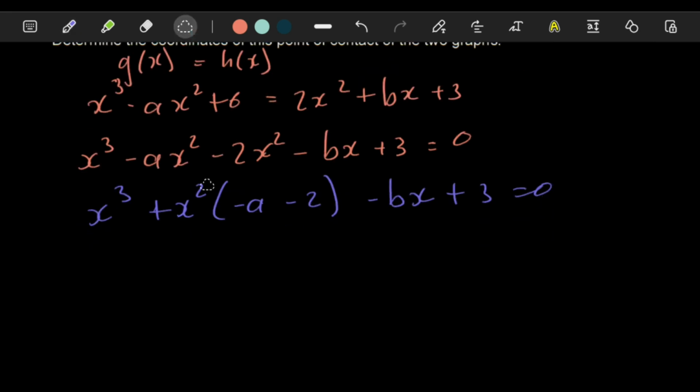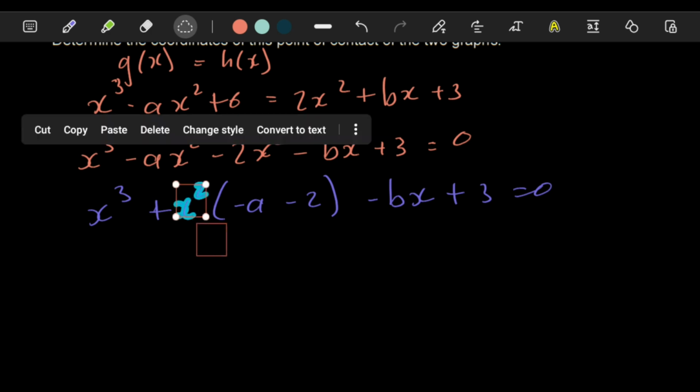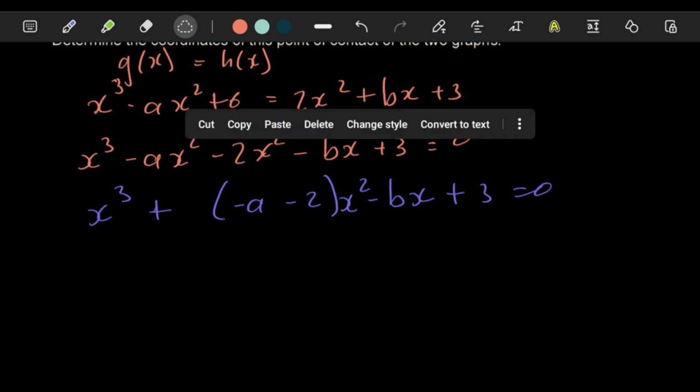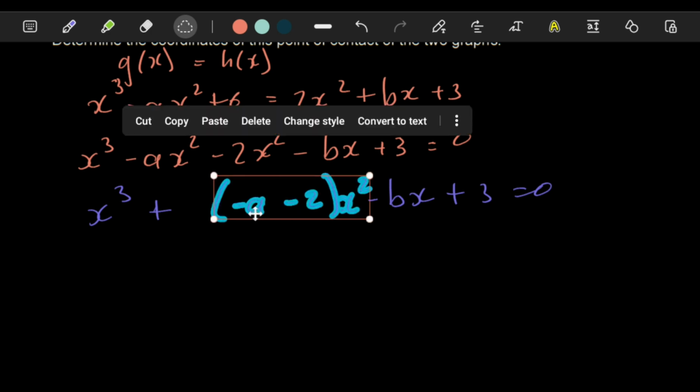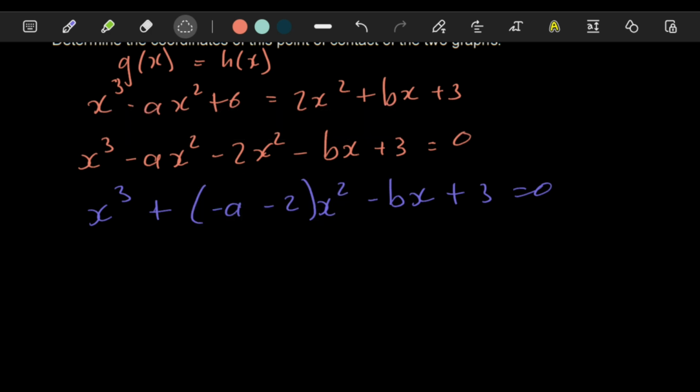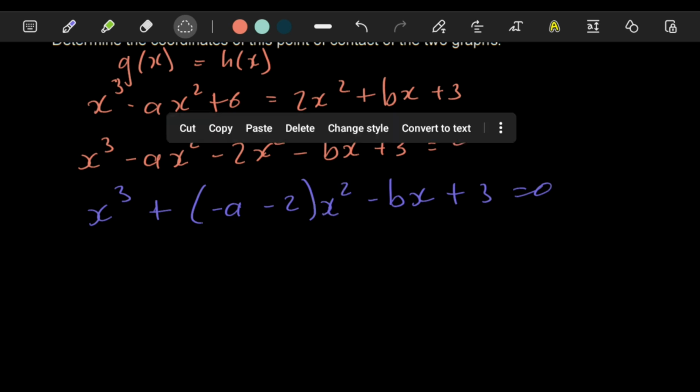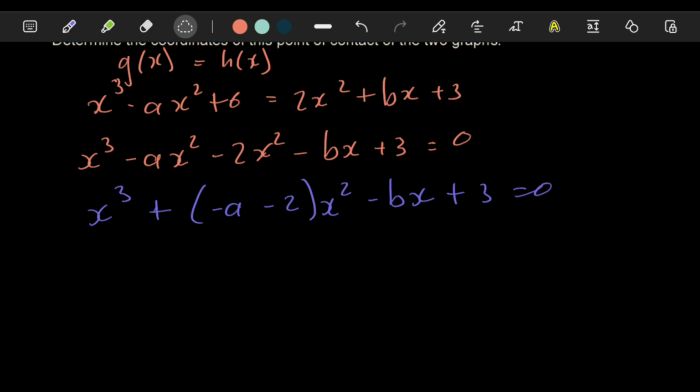So it's easier if you write the x squared there. It really doesn't matter if you write it in the front or in the back, but it's easier to write it in the front like this, so that at least you see that the coefficient of x squared is just that bracket.